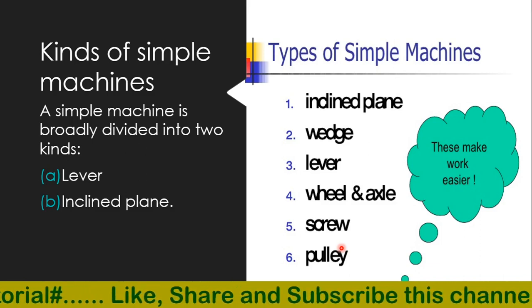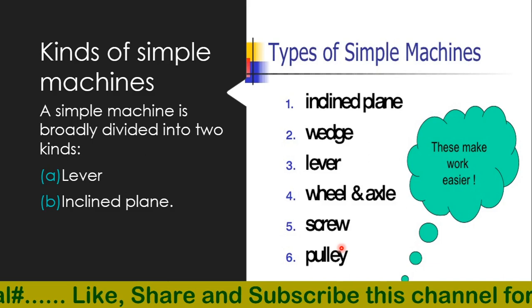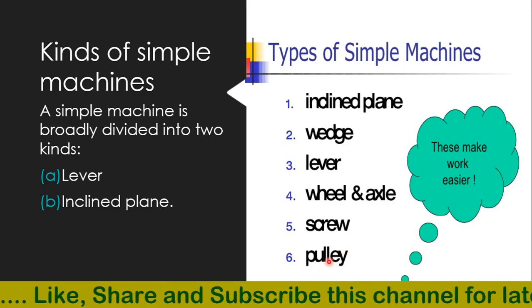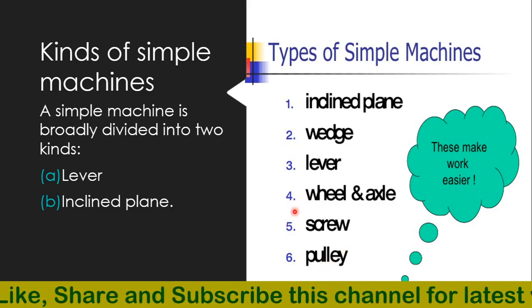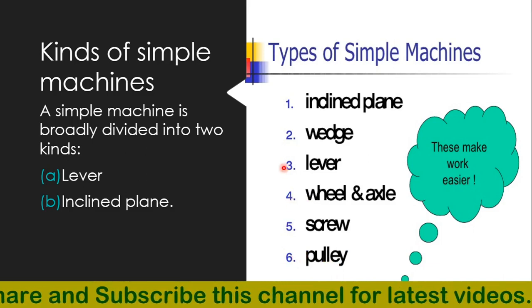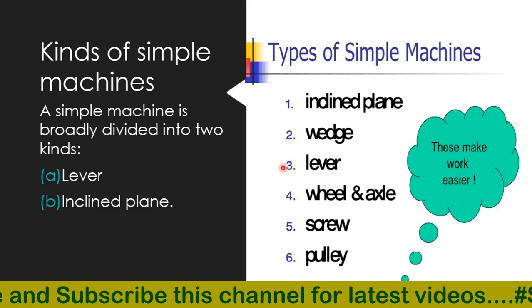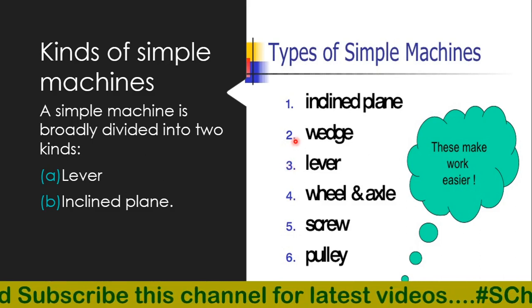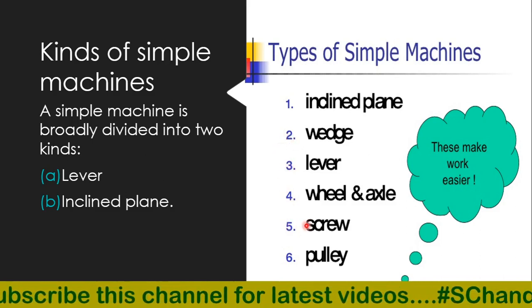Lever is further divided into two parts, that is pulley and wheel and axle. And inclined plane is further divided into two categories, wedge and screw.